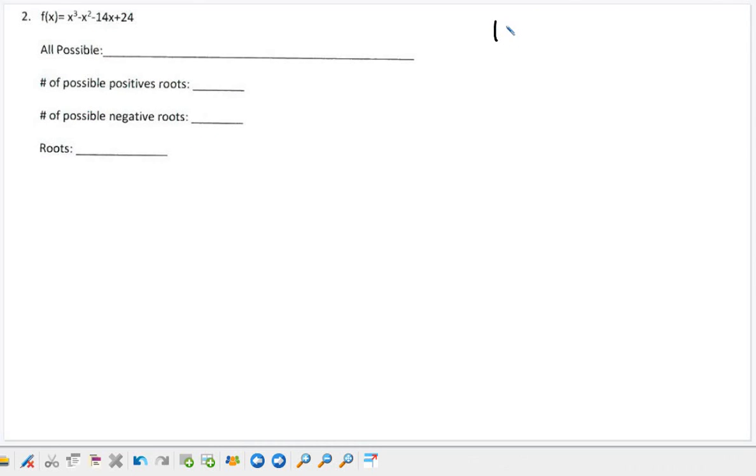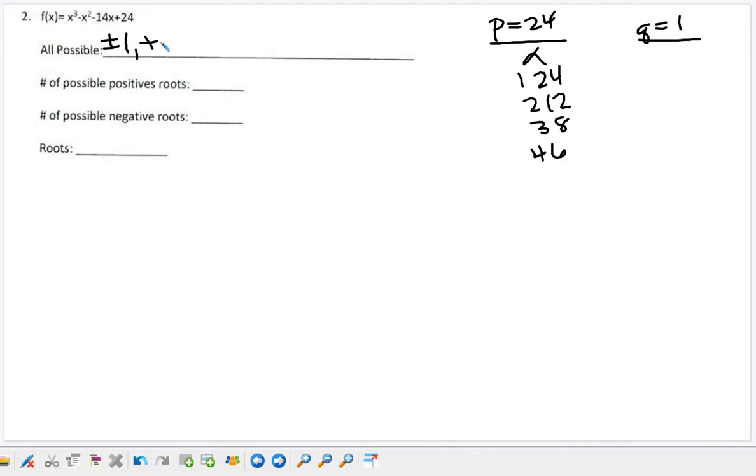So same scenario, P is the constant. So lots of factors. Luckily Q is just 1. So everything over 1. So we count our sign changes.